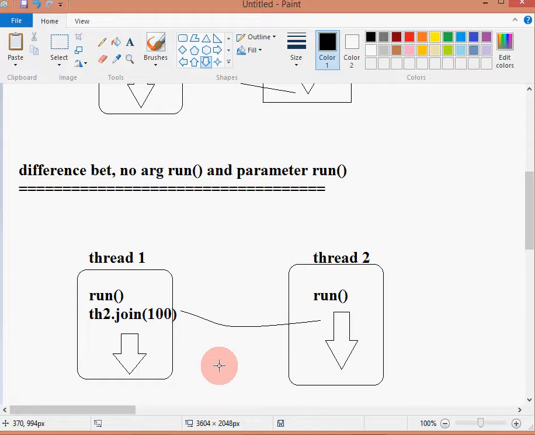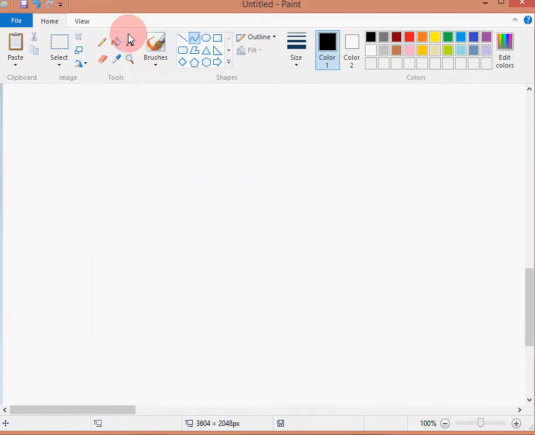But if you write join with a parameter value, it waits that amount of time, then control comes back to thread 1 and executes its own logic. After that, control goes to thread 2. Simple thing.